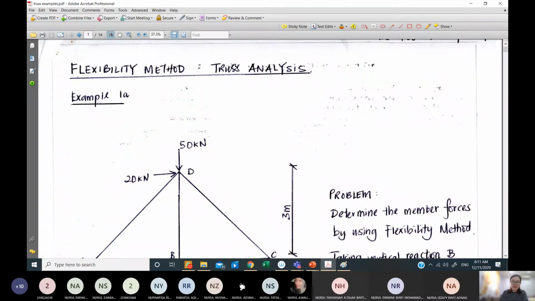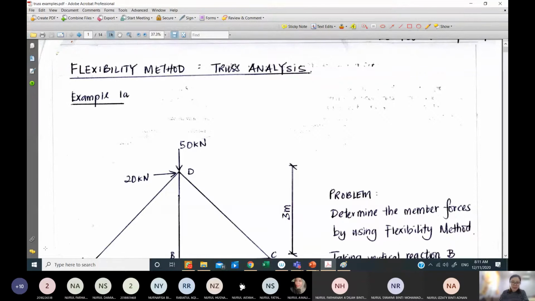I have briefed you on example 1A and 1B, which is on solving the indeterminate truss, dealing with 1 degree of indeterminacy, where you need to remove 1 redundant force. And today I'm going to share with you what if D is equal to 2, where you need to remove 2 redundant forces in the indeterminate system.